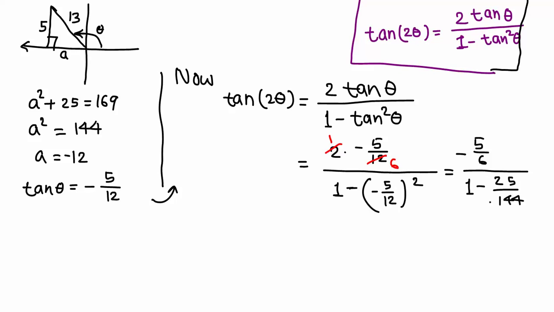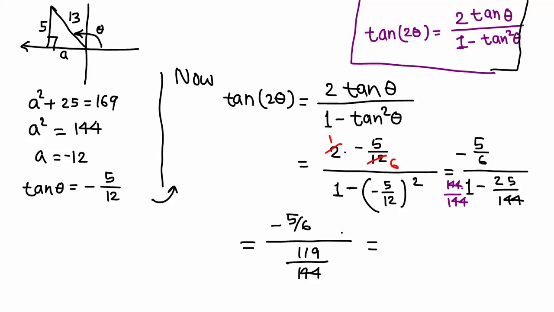So on the top we have negative 5 over 6 all over 1 minus 25 over 144. So to subtract this fraction from 1, we need a common denominator, so we multiply 1 by 144 over 144. Then we have the common denominator 144, 144 minus 25 on the top, which is 119.